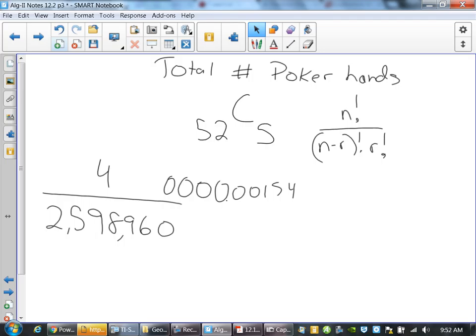A flush is less than a full house. Then 4 of a kind, then a straight flush, and then a royal flush.